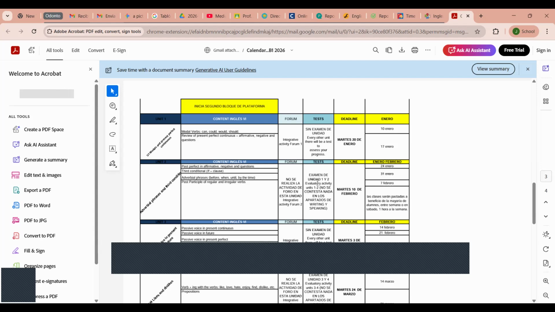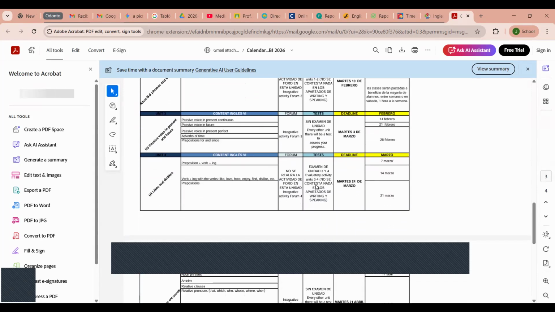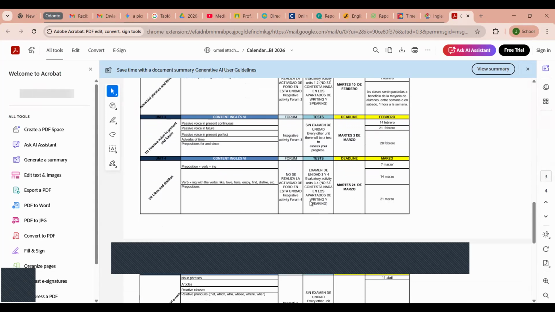If you did not complete exam review 1 and 2, I'm going to open the Unit 2 forum, and you can dive in and get extra points here. If you did not complete exam review 3 and 4, I'm going to open forum 4 so you can use that to get extra points here.